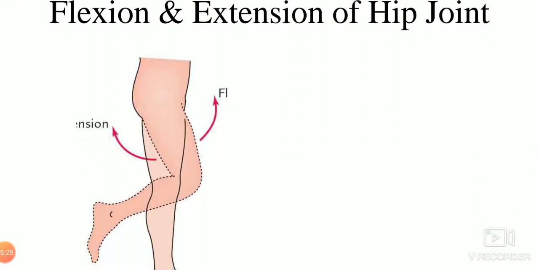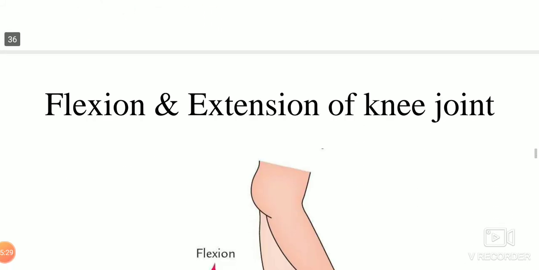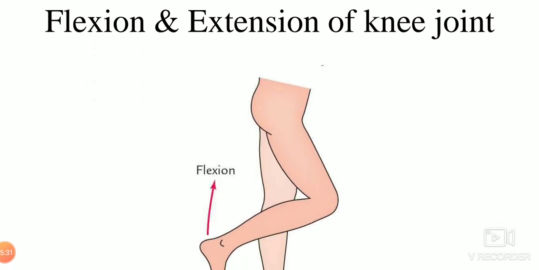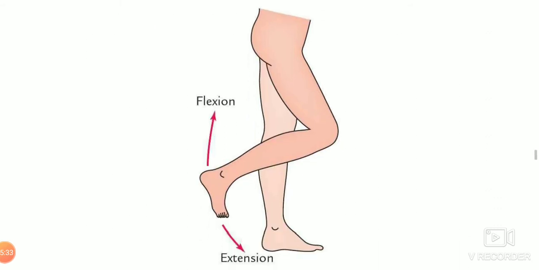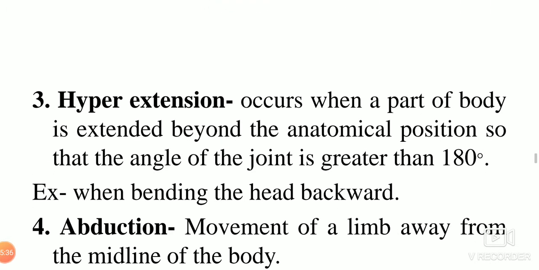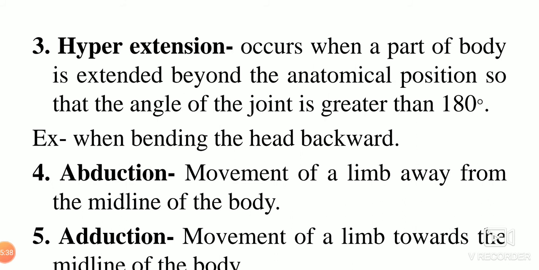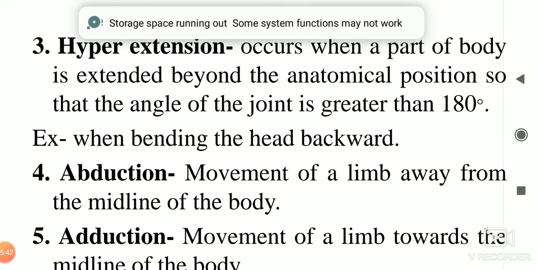Here you can see flexion and extension of the hip joint, flexion and extension of the knee joint. Hyper and hypo, as you have studied already. Hyper means ज़्यादा, increase.